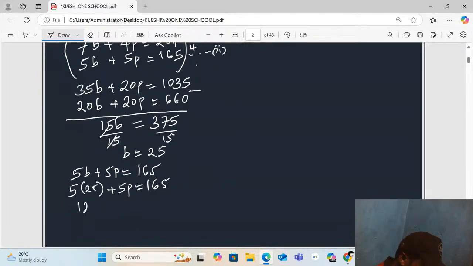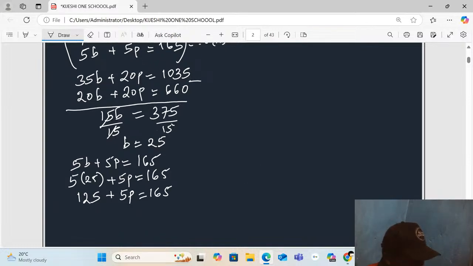So 25 times 5 is 125, plus 5P, which gives us 165. So to remain with the 5P on this side, 125 has to move to the other side, and it becomes minus 125. Therefore, 5P will be equal to 165 minus 125. We get 40.